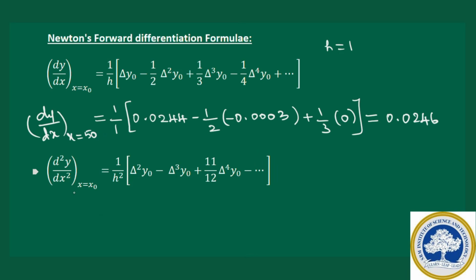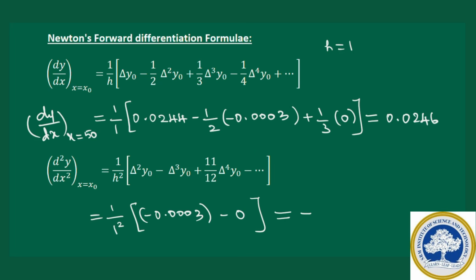Similarly, for the second order derivative it is 1 by h square, which is 1 square, into delta square y naught, which is minus 0.0003, minus delta cube y naught, which is 0, and the higher powers are also 0, so we can omit them.